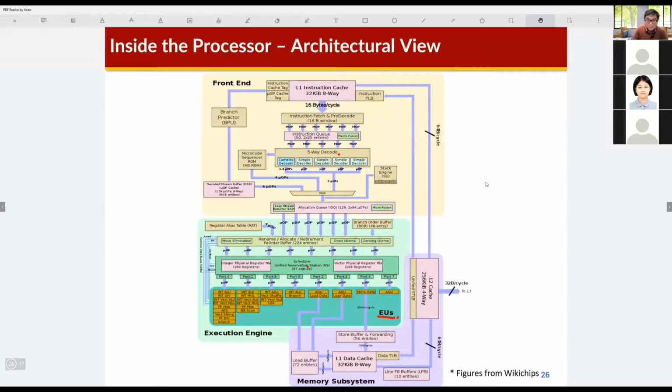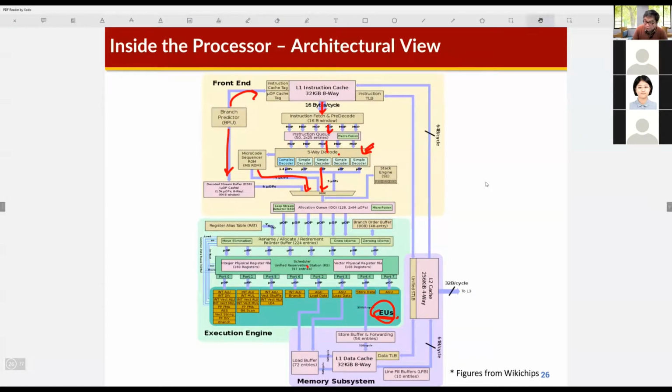You can find the flow of signals, like the signals from the branch predictor to the cache, and the branch predictor to the decoded stream buffer. You can find the decoder and the execution unit. The signals flow from the cache and decoder, and then there are many operations.